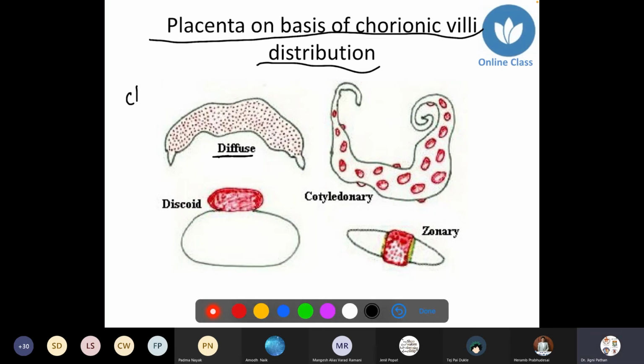Here chorionic villi are uniform in distribution. Example, horse, pig.